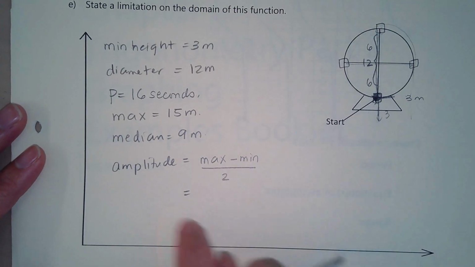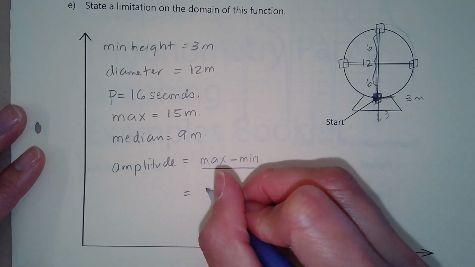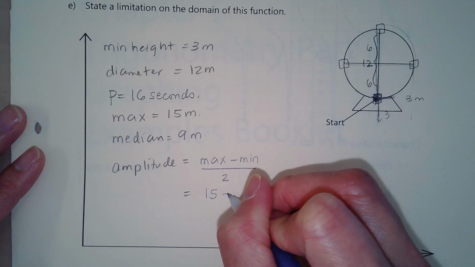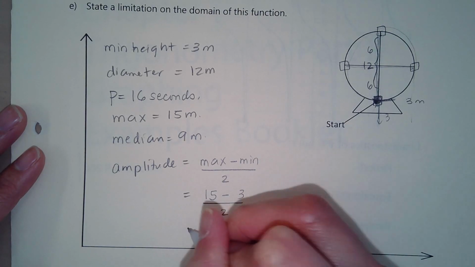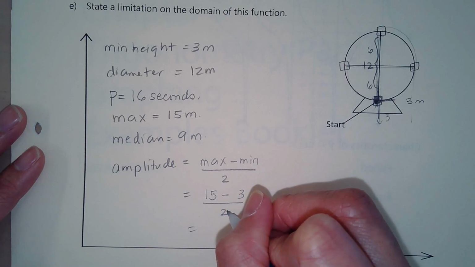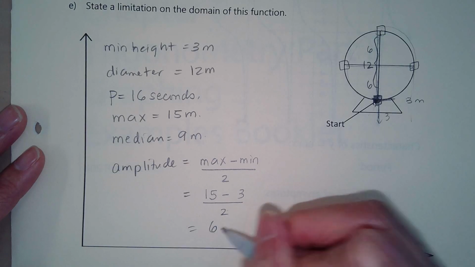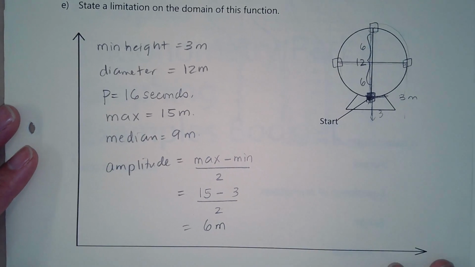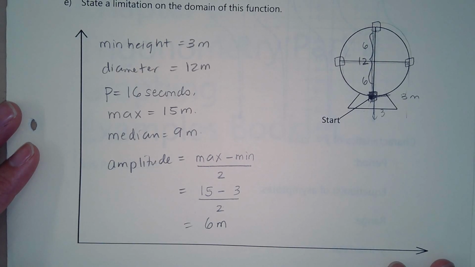We know the maximum is 15, minus the minimum 3, divided by 2. So that's 12 divided by 2, which is 6 meters. Okay, good.